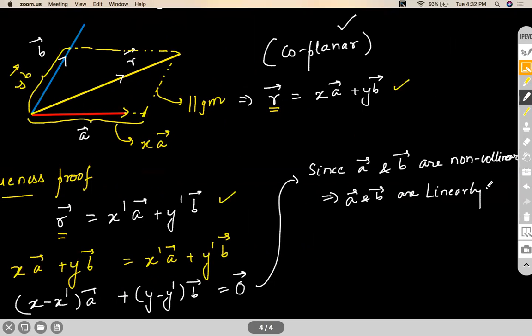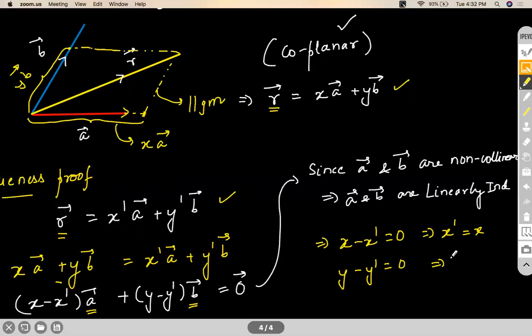Correct? And we have seen that in the case of two linearly independent vectors, if a scalar combination of them gives a null vector, then it can only result in the two scalars being individually zero, which means X dash is the same as X, and Y dash is the same as Y. That means this representation is unique.